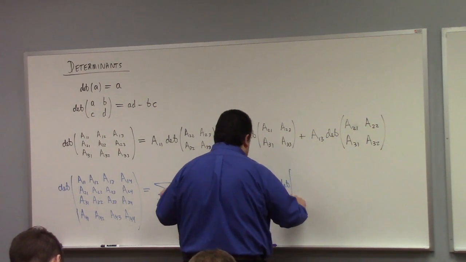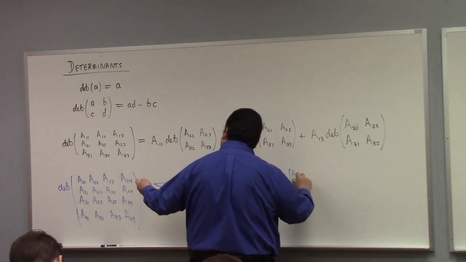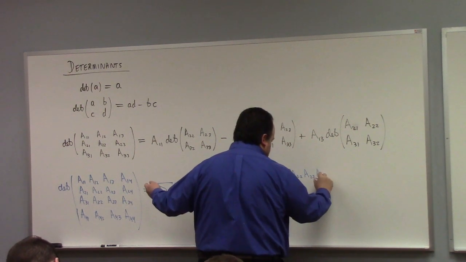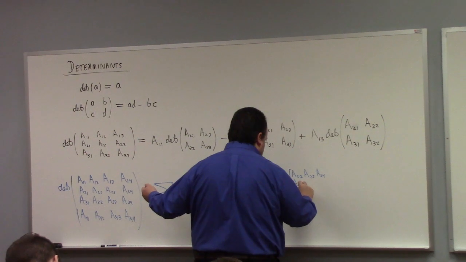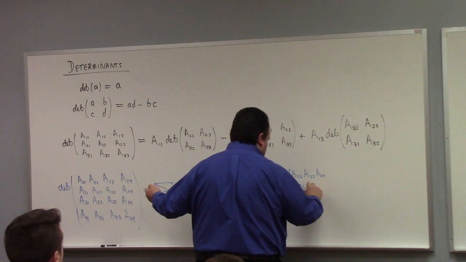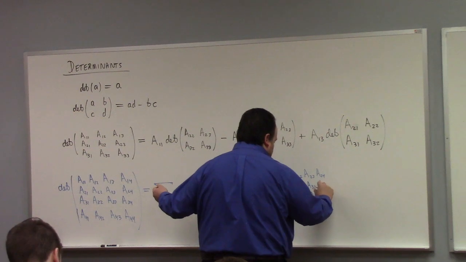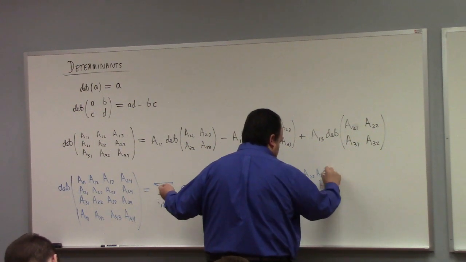I'll at least start it, guys. A11 times the determinant of A22, A23, A24, A32, A42, A33, A43, A34, A44.